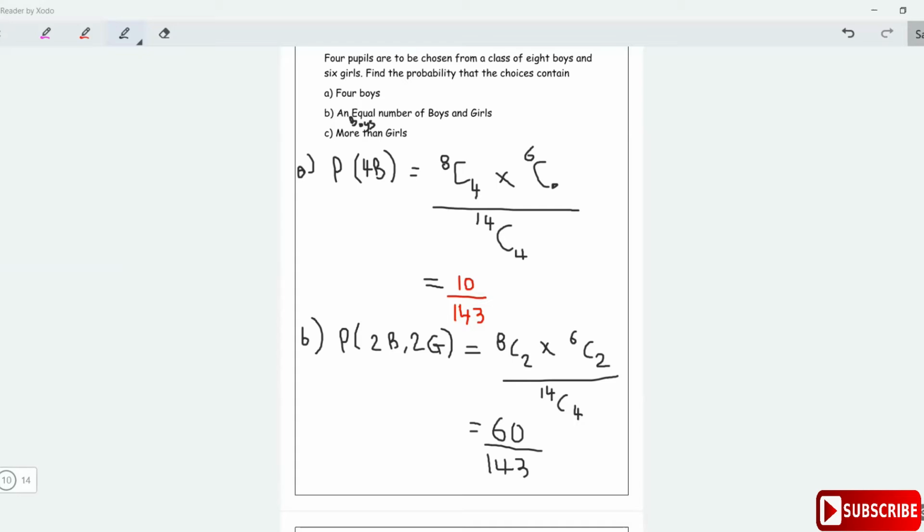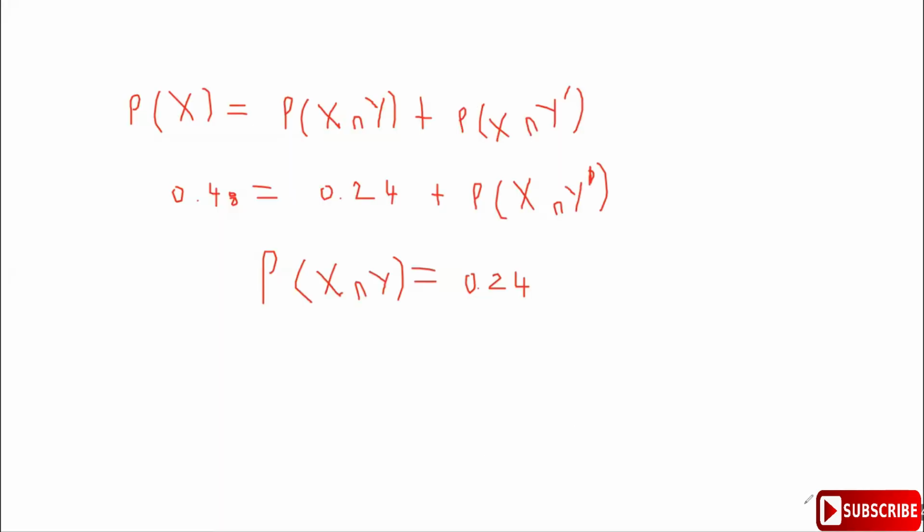If you choose more boys than girls, then that means, let's write it right here. So we want the probability of you choosing more boys than girls. If you're choosing more boys than girls, then you want more boys and fewer girls. Simple.